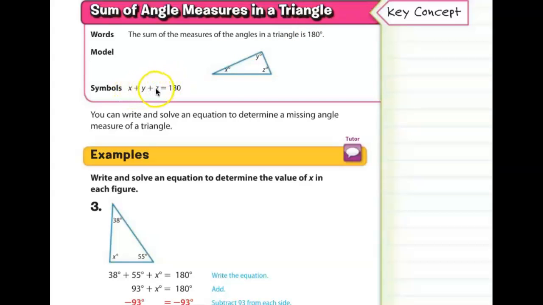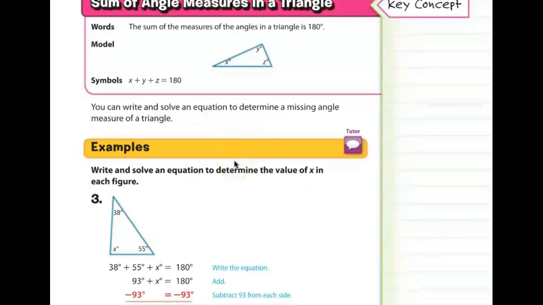So x plus y plus z is always going to equal 180. So that is a fact that all the interior angles of a triangle always add to 180 degrees. And we're going to use that fact to solve for missing angle measurements using algebra. Okay, you can write and solve equations to determine missing angles and angle measures.